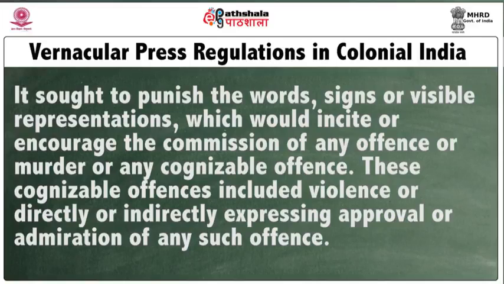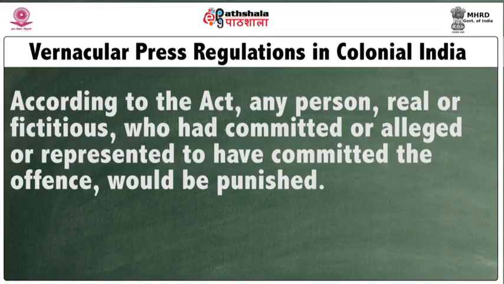These cognizable offenses included violence or directly or indirectly expressing approval or admiration of any such offense. According to the Act, any person, real or fictitious, who had committed or was alleged or represented to have committed the offense would be punished.